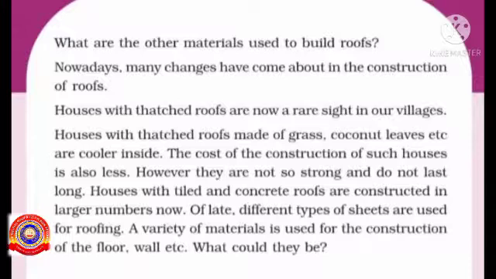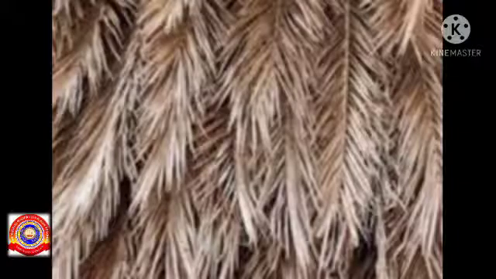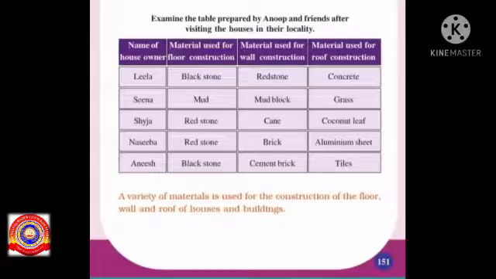Not only for the roof, a variety of materials is used for the construction of the floor and wall. Did you know what are they? We already studied that for the construction of roof, we use materials like concrete, grass, coconut leaf, aluminum sheet and tiles.